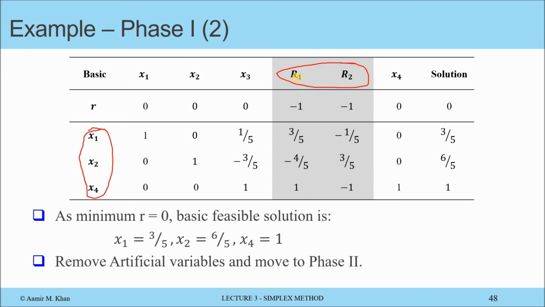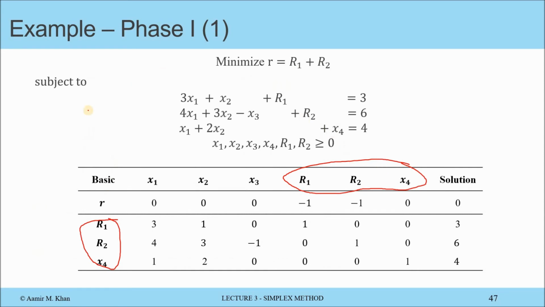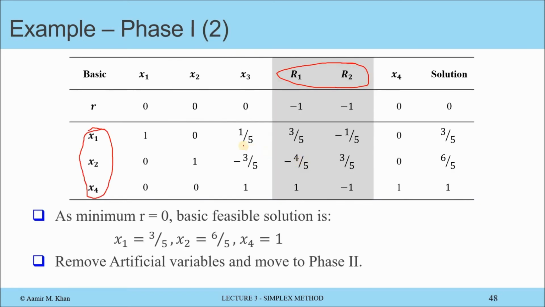So I leave this calculation onto you. You already now know how to manipulate the simplex tableau, and I suggest that you go through it and take this initial form, and then do all those calculations for entering and leaving variables, and make sure that you can reach this step where you have these three basic variables.